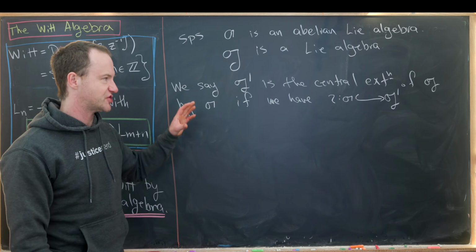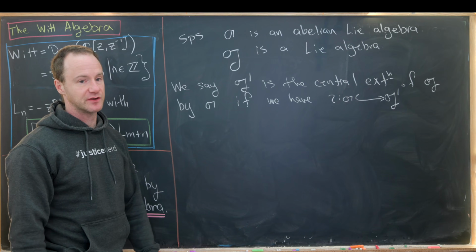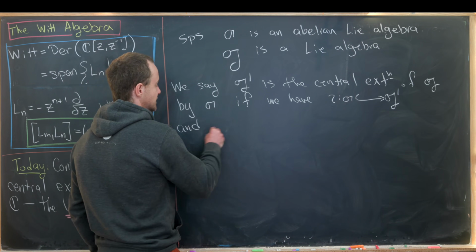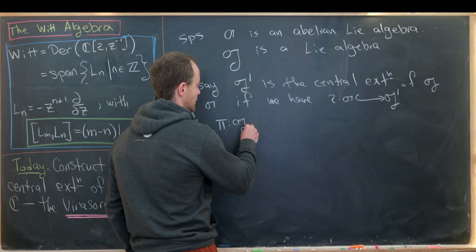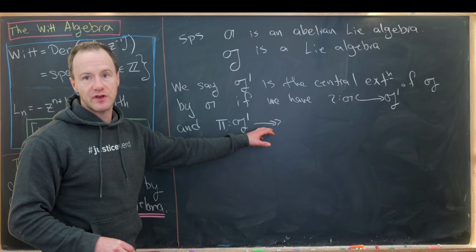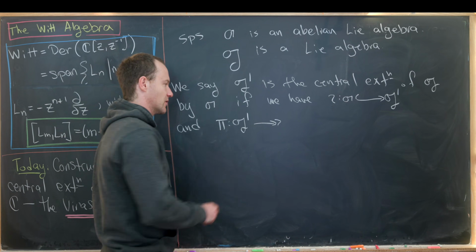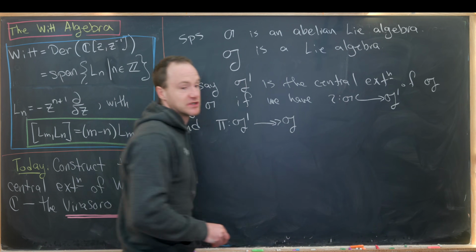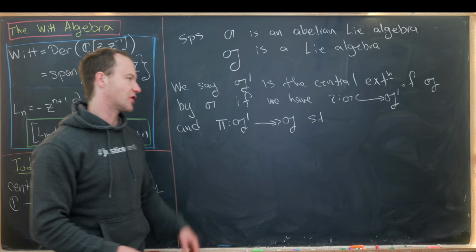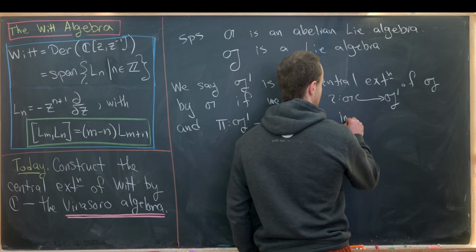So that's the notation, the shorthand for an injection. Okay, furthermore, we have a surjection, so I'll call that pi, and it goes from G prime down to G. So you can notate that with this double-headed arrow. So G prime down to G, such that we have the image of iota is equal to the kernel of pi.